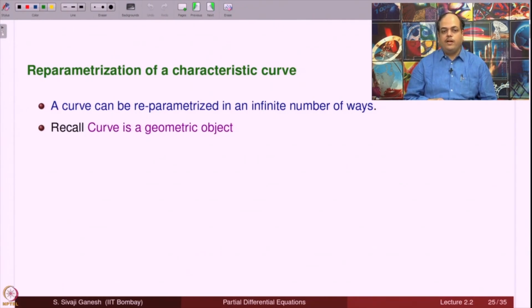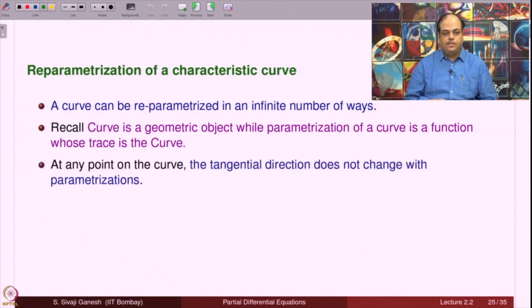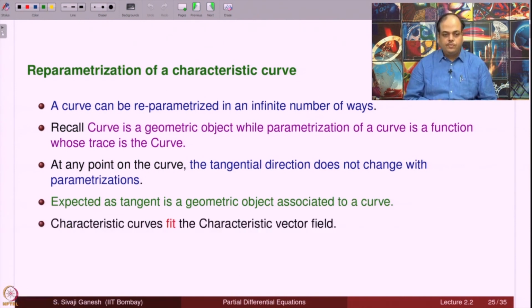A curve is a geometric object, the image is a curve, that is a geometric object, while a parameterization is a function whose trace is the curve. So at any point on the curve, the tangential direction should not change with parameterization, because the tangent is a geometric object associated with a curve.